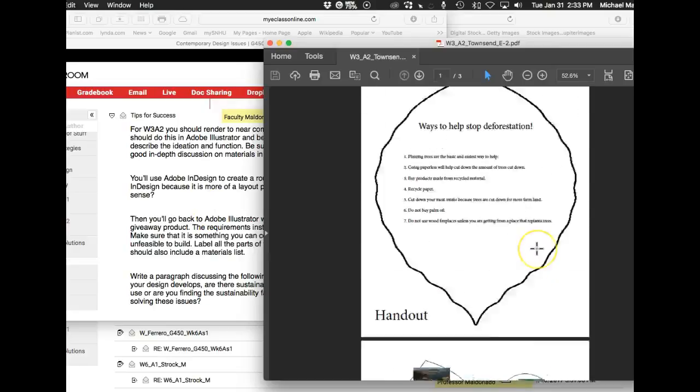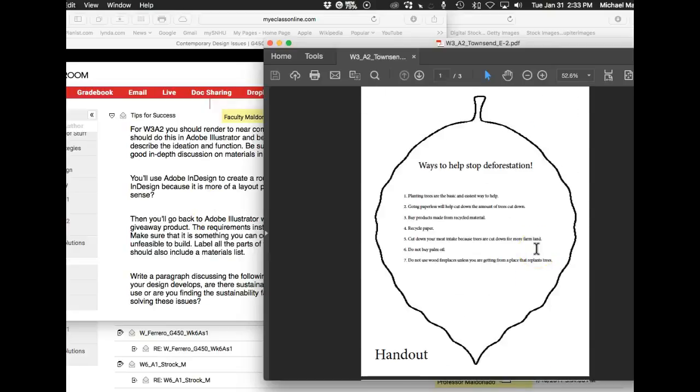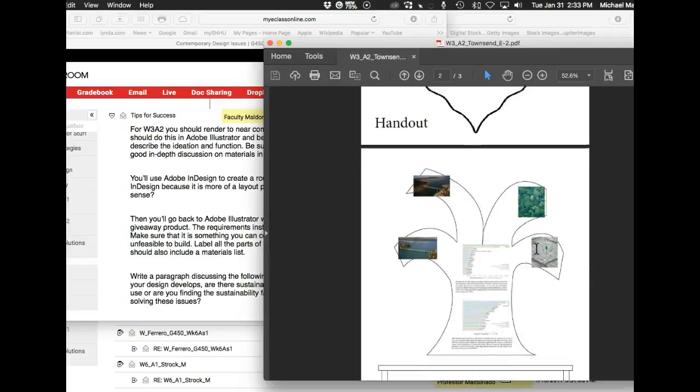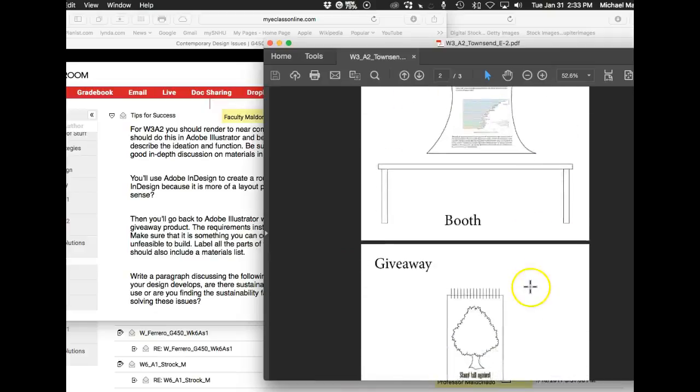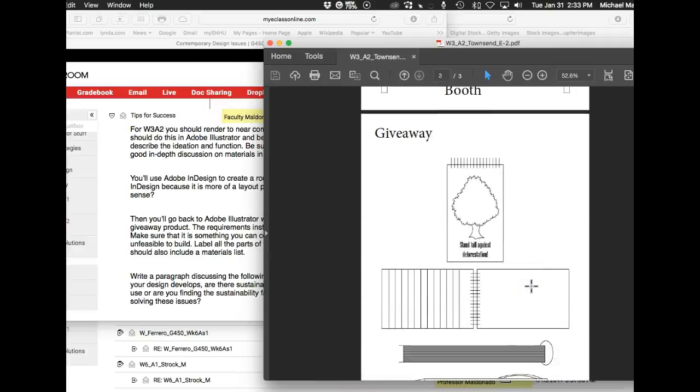A general practice that I recommend for all students in all presentations for any assignment is to present your work assuming the viewer has no idea what you're looking at. So this would require an introduction. It would require a very, very intricate way of describing each one of these pieces, at least a paragraph or two, describing each one of these pieces and how they relate to the big picture of the project.